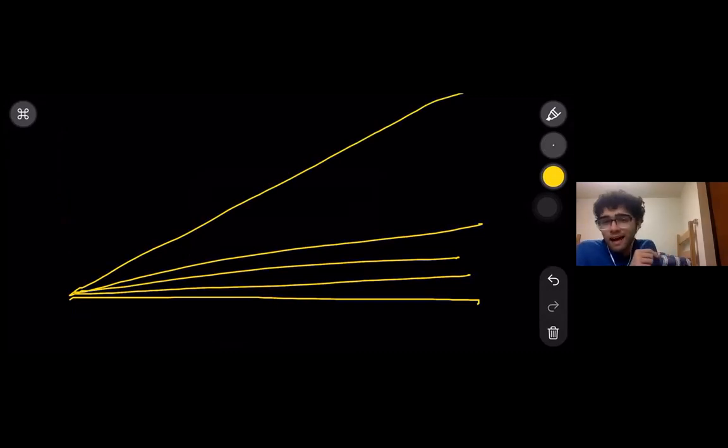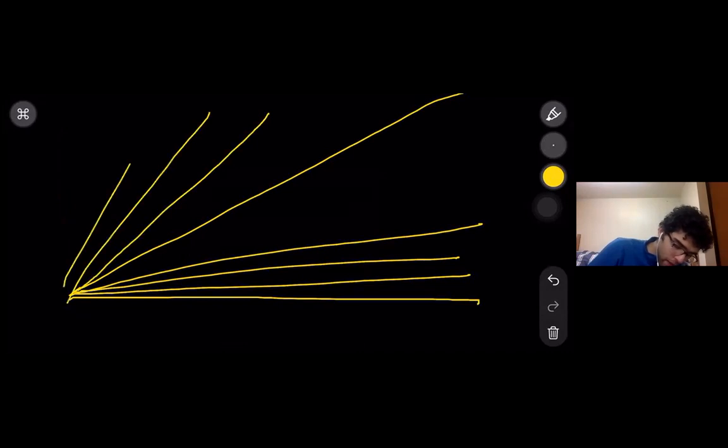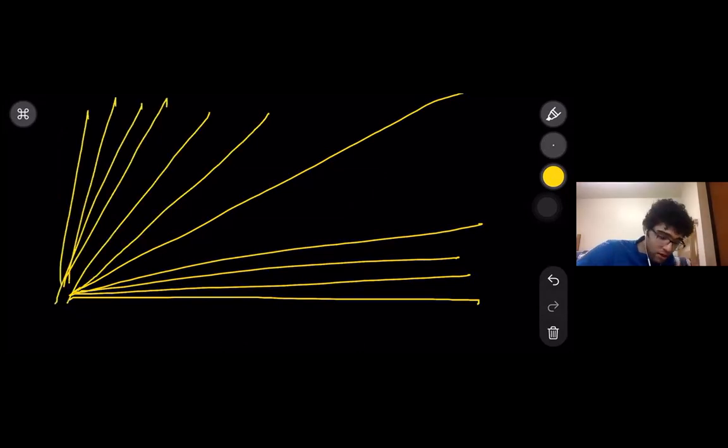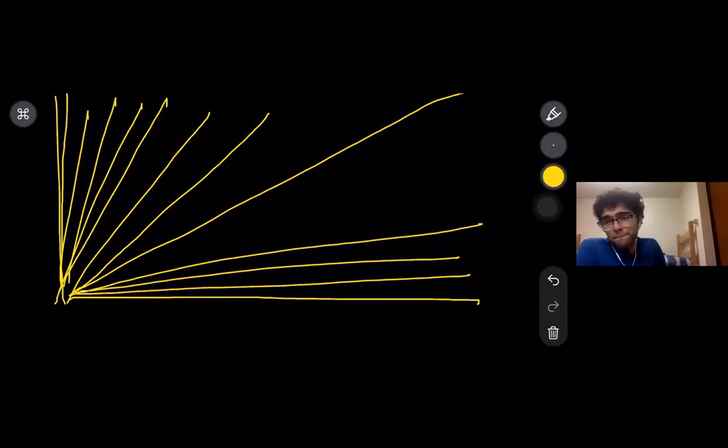This line is having slope 1. And it is the line which is 45 degrees to the x-axis. And then we keep going up and up and up. And basically at this point of time, you can access any number that you want. There's 100, there's 1,000, there's trillion. And when you finally have this straight line perpendicular, it has slope infinite.